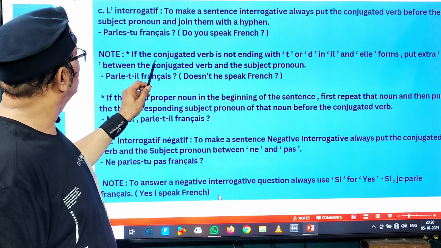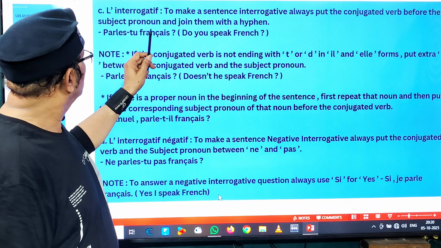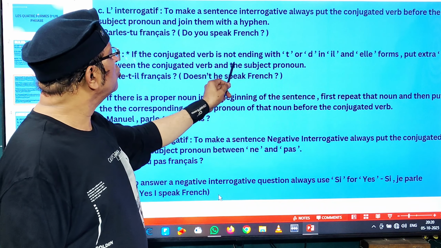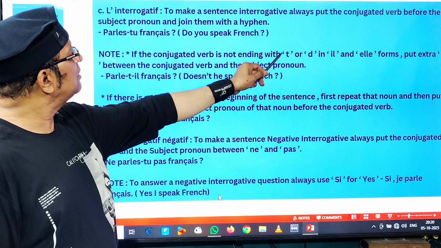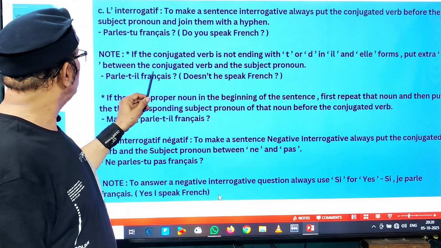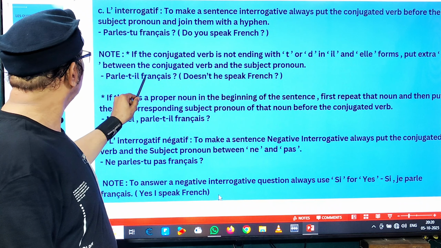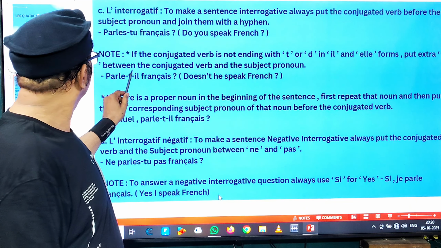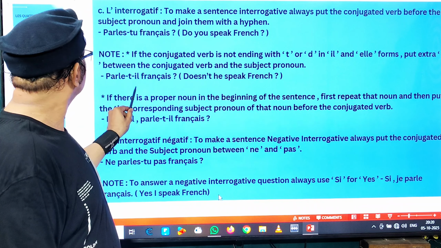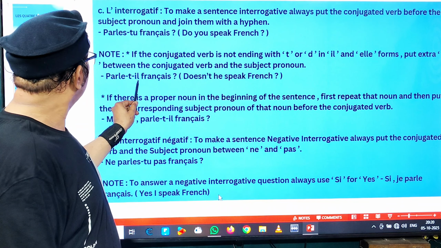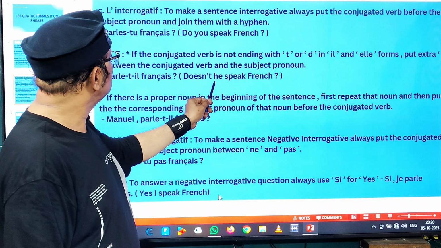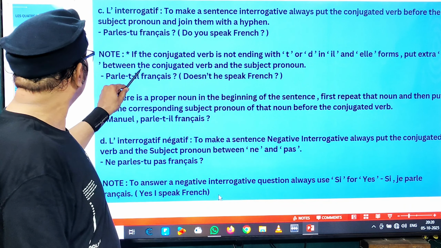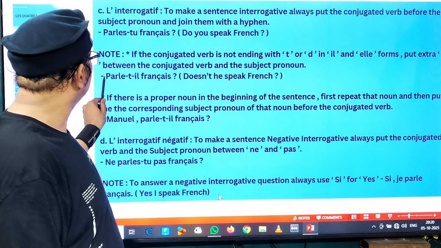Once again, if the conjugated verb does not end with T or D in the il and elle forms, while conjugating you have to put an extra T between the conjugated verb and the subject pronoun. Parle-t-il français? Doesn't he speak French? Just pay attention here: parle-t-il?